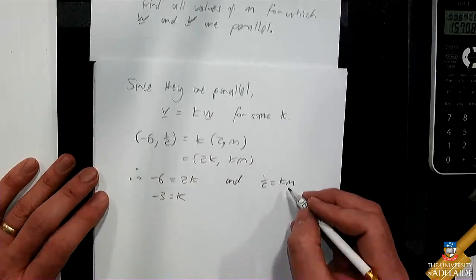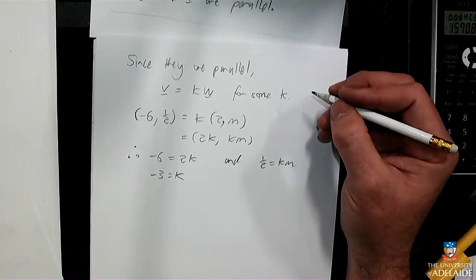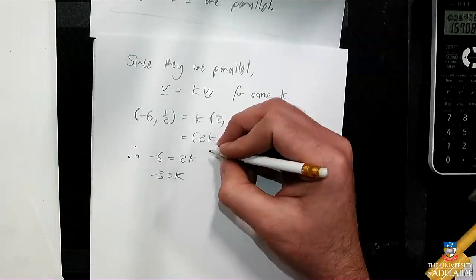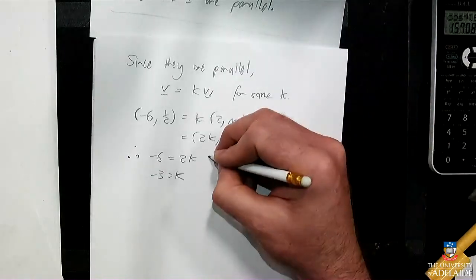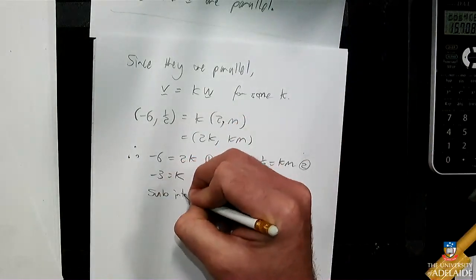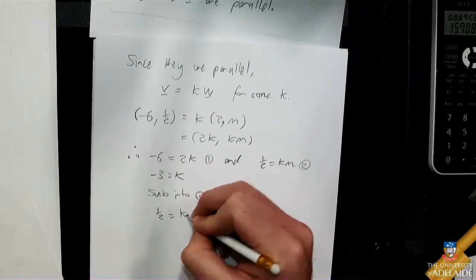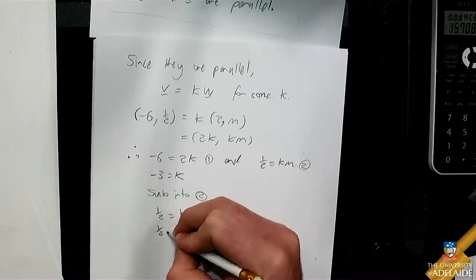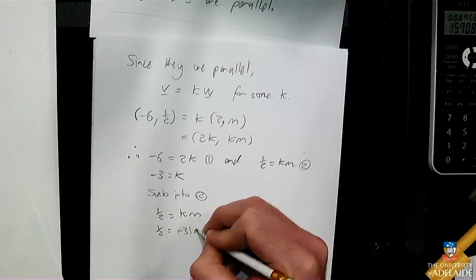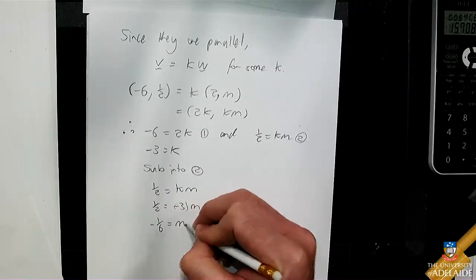I'm just going to call this 1 and this 2, and I'm going to substitute into equation 2, and so we have a half is km, and a half is therefore minus 3m, and so if I divide by the minus 3, I'll get minus a sixth equals m.